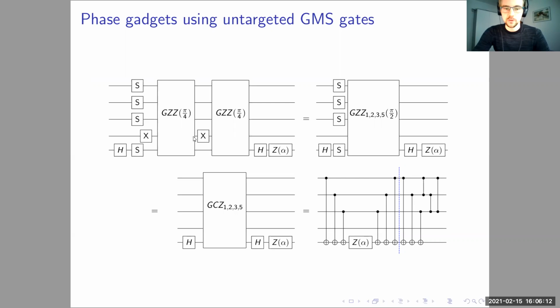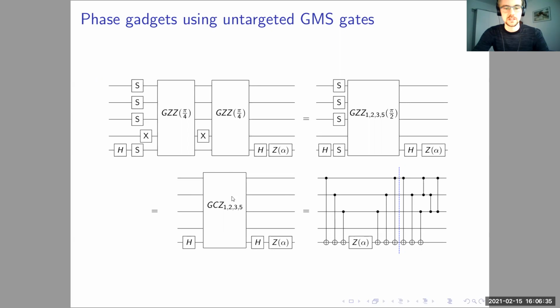If there were multiple qubits that I didn't want the GCZ gate to interact with, I would end up with a GZZ gate on those qubits. But that would be a set of Clifford gates acting on qubits that are not important, so they would just be additional Clifford garbage on the right-hand side.